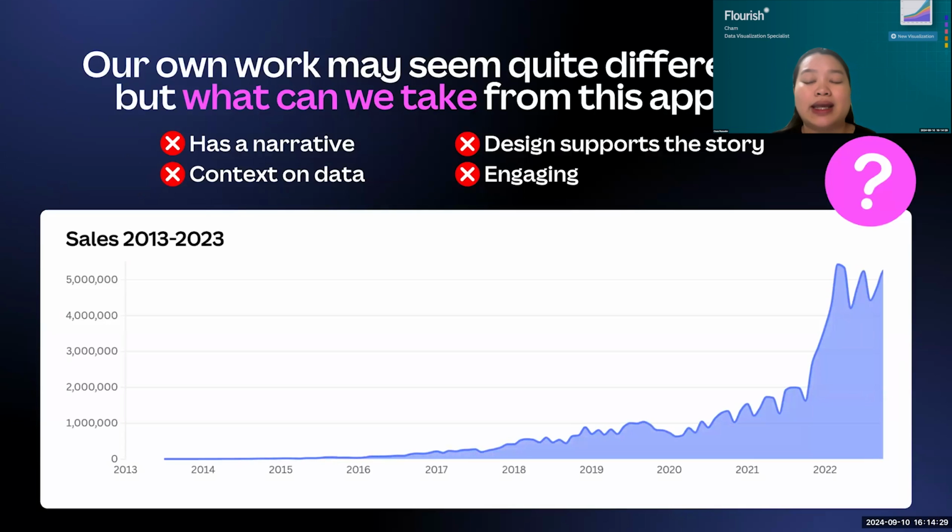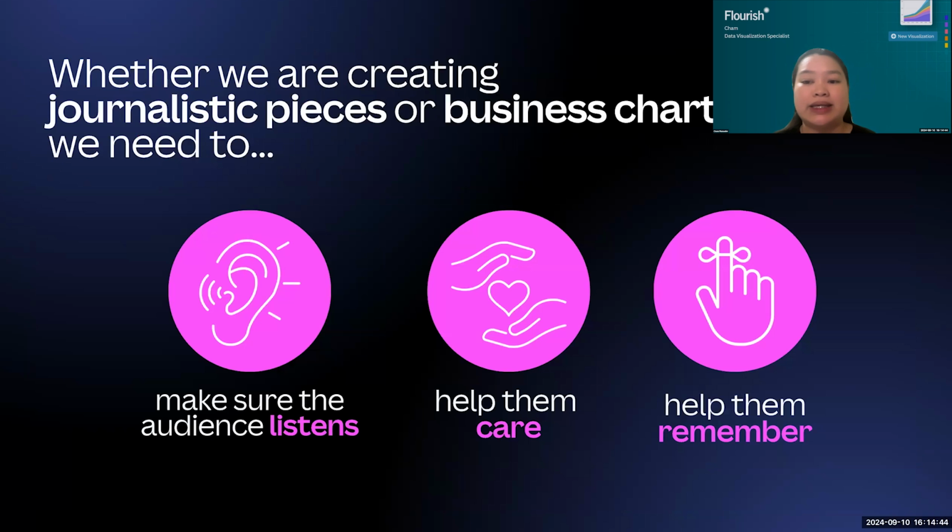Our own work on a daily basis may require charts like this, what we're showing here, but we can surely pick up some points from the examples that we just saw and make sure that we engage our audience so that they will listen. We craft narratives to help them care and remember our message.